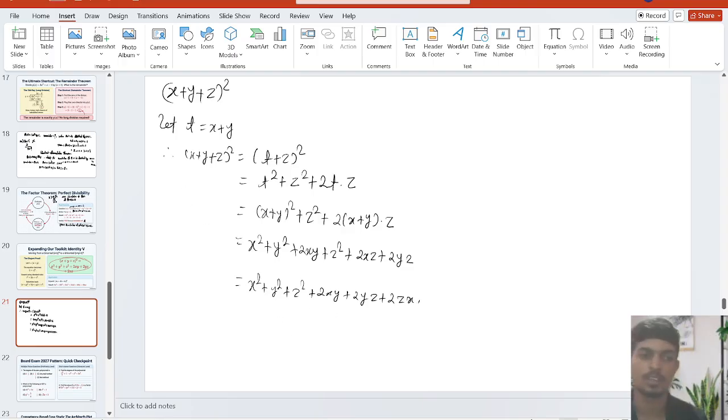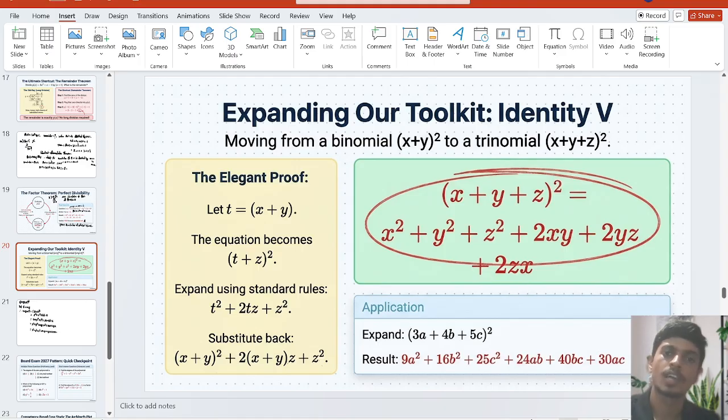You can prove it. So this is explained here. Let's expand (3a plus 4b plus 5c) square. Now it is stated as x. So 3a square is equal to 9a square.